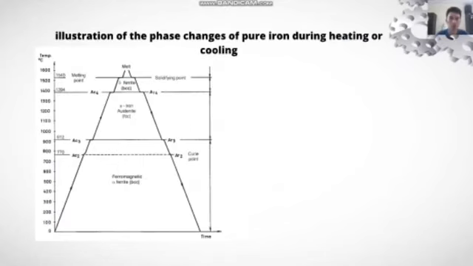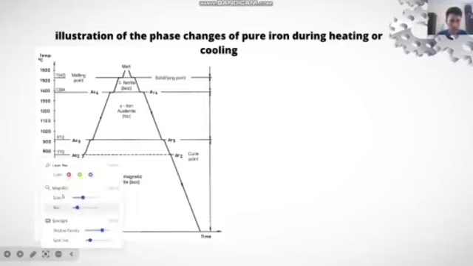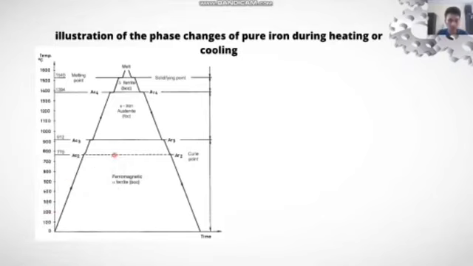Illustration of the phase change of pure iron during heating or cooling. Below the melting point of 1540 degrees Celsius or 2800 degrees Fahrenheit, there are three temperature periods when solid iron undergoes a phase change.